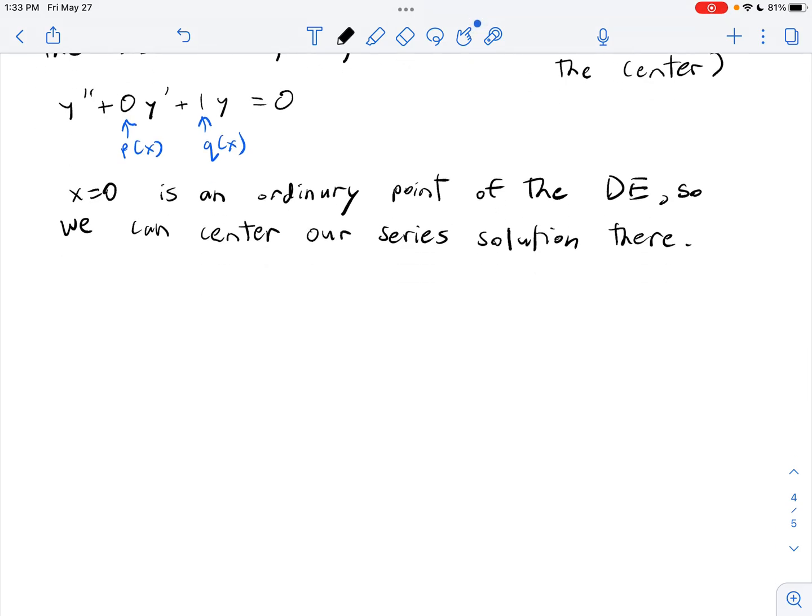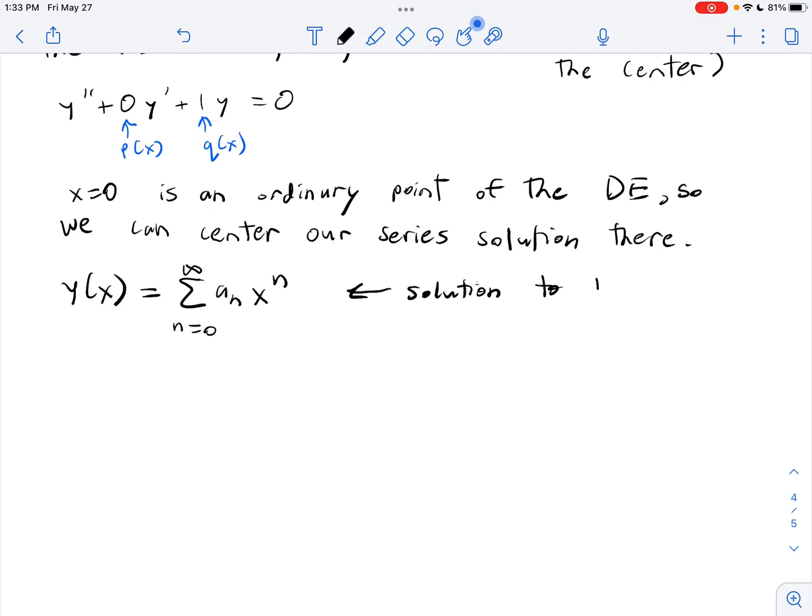So we're going to suppose that y of x is equal to the sum of an x to the n, n equals 0 to infinity. Suppose this guy is a solution to star. Well, you know what?